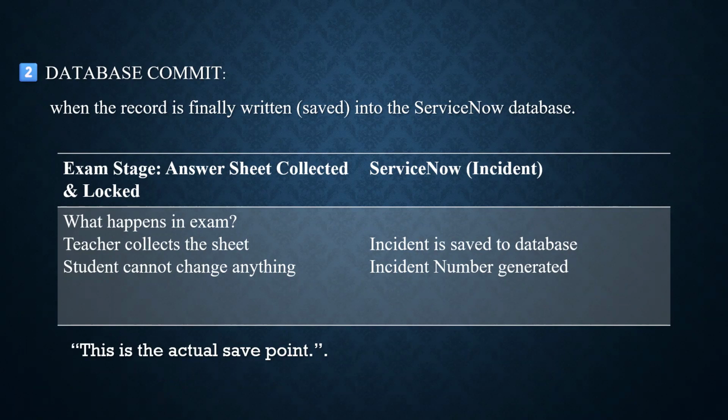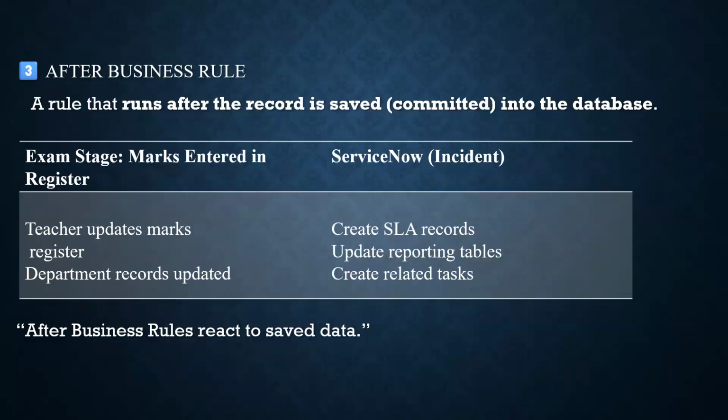Once we submit the answer sheets, we can't make any modifications because it is already saved. The same logic applies to the incident form. The incident is saved to the database and the incident number is generated. We can't make any modifications once it goes to the server. Next point. First the before business rule will run, then we can discuss the after business rule.